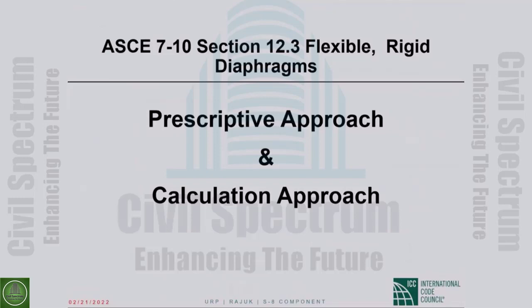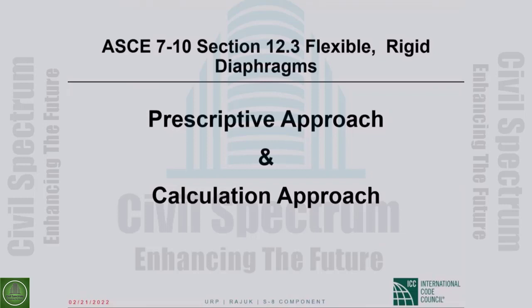Okay, so next question is, when can we consider our diaphragm to be rigid? When can we consider it to be flexible for purposes of analysis? There is a prescriptive approach to answering that question.